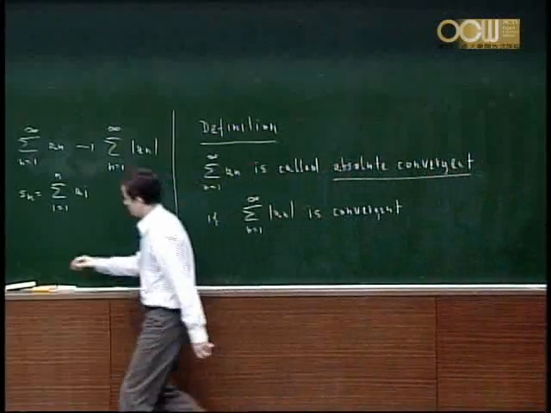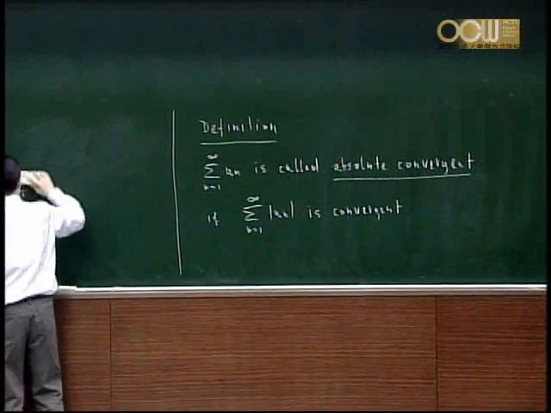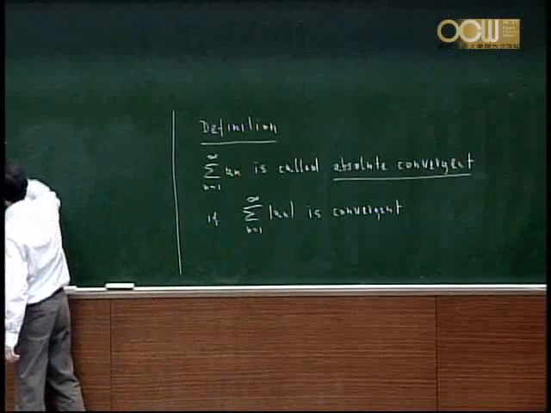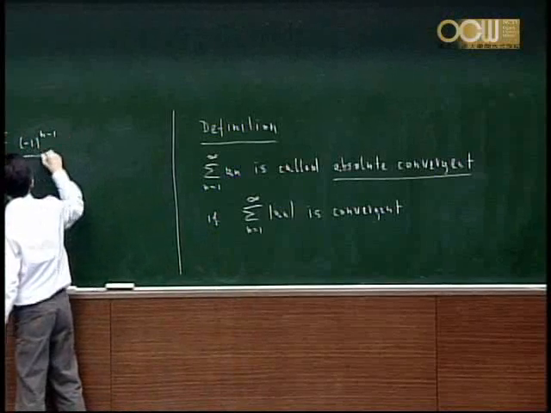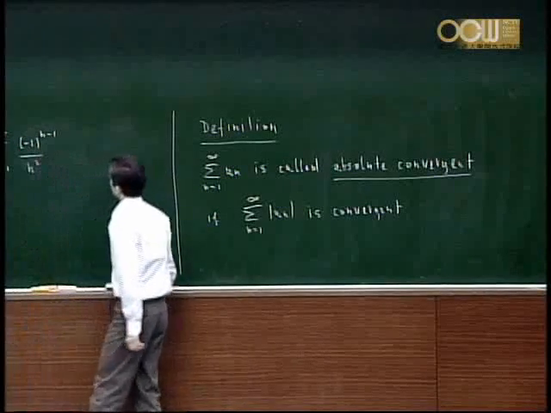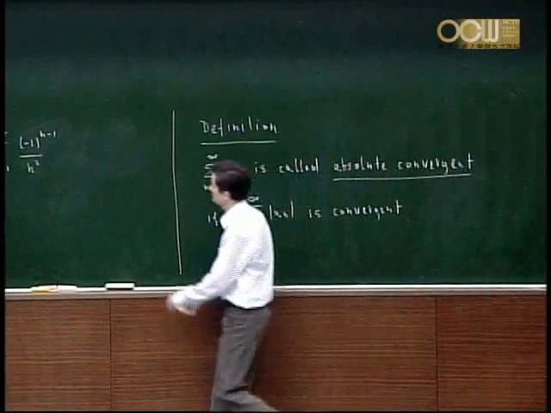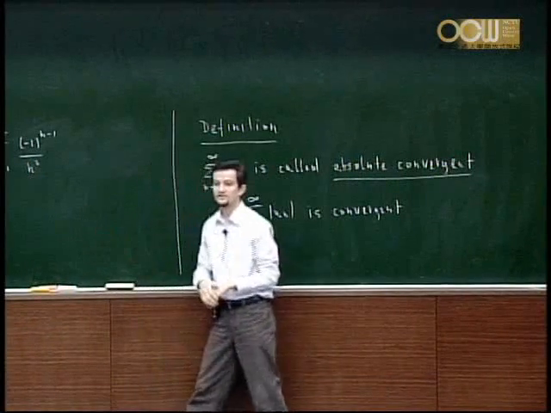Okay, so let's look at some examples. For instance, if you look at this series, n from 1 to infinity, (-1)^(n-1) over n cubed. This series is absolutely convergent, because if you look at the absolute values of the terms you see you have 1 over n cubed, and this series is convergent.